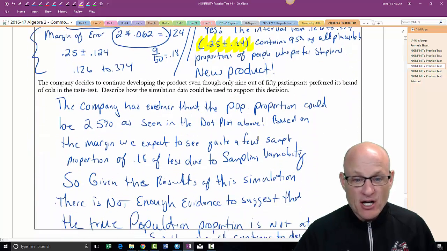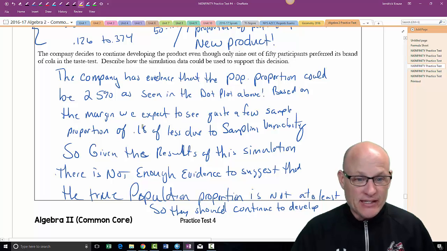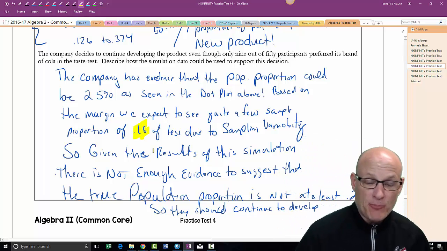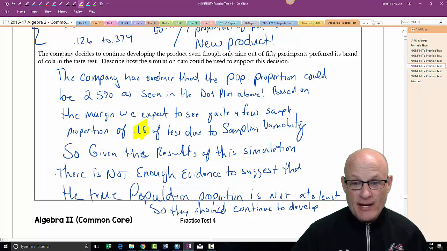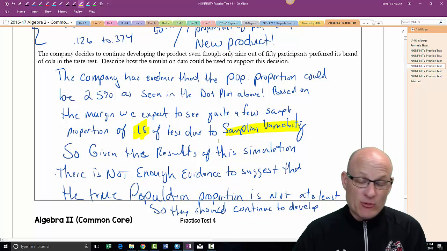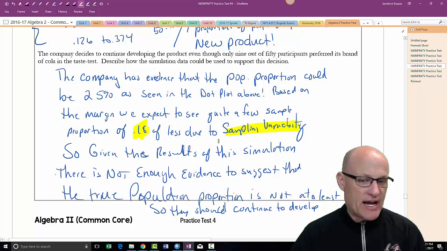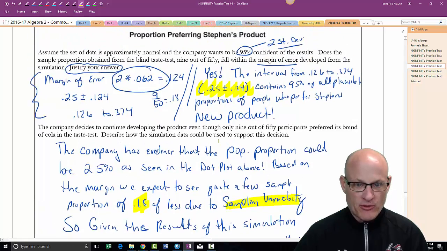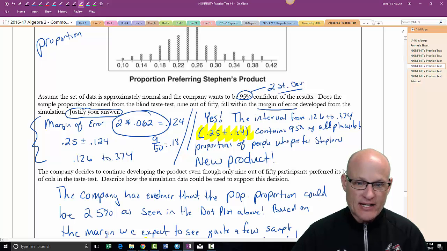And basically, because we can expect to see 0.18 periodically due to sampling variability, coming up with 9 out of 50 was not quite unexpected. So there's really not enough evidence to support not doing it. Now, if you'd come up with something way outside of this, then you could say maybe there's some evidence that this isn't a good idea.